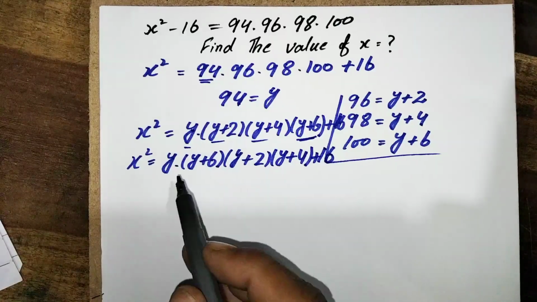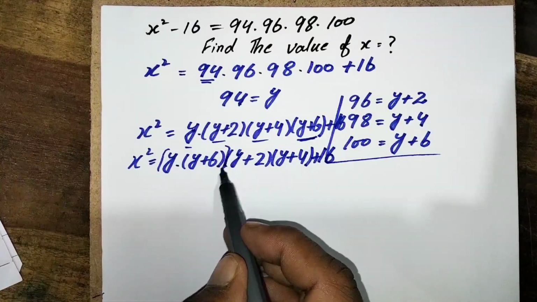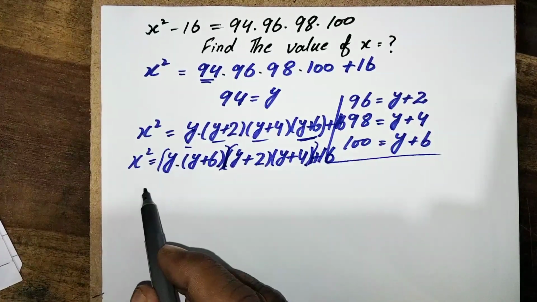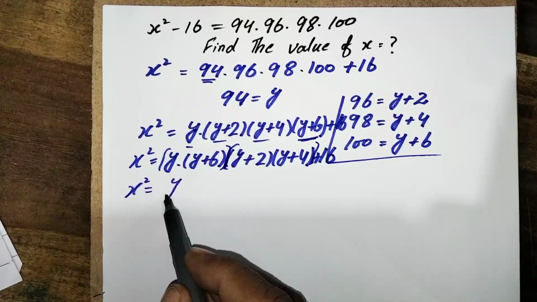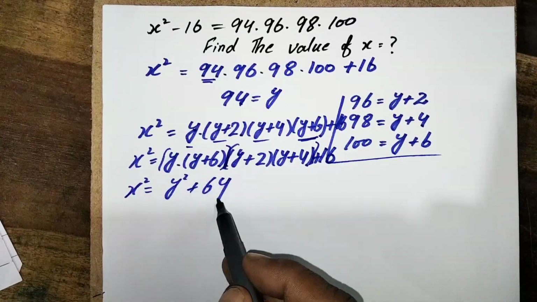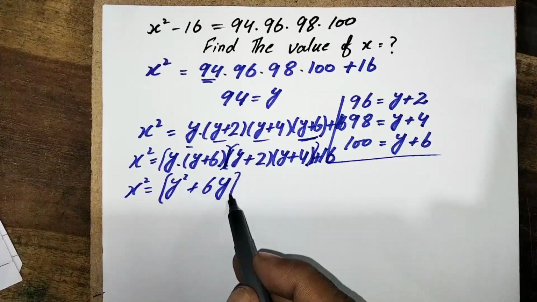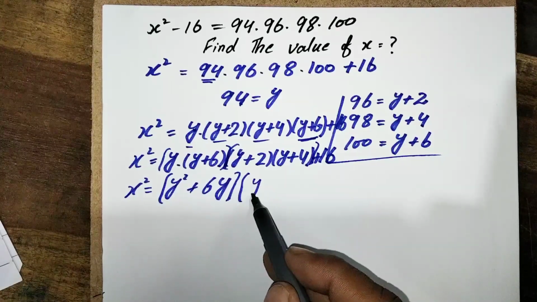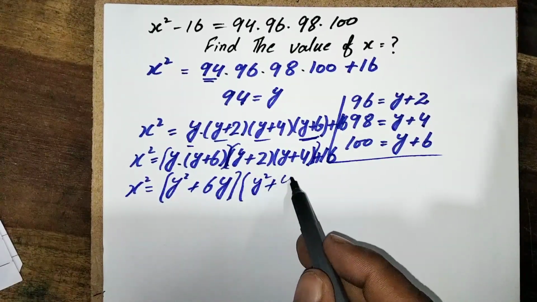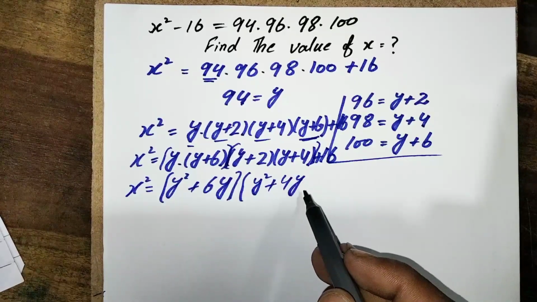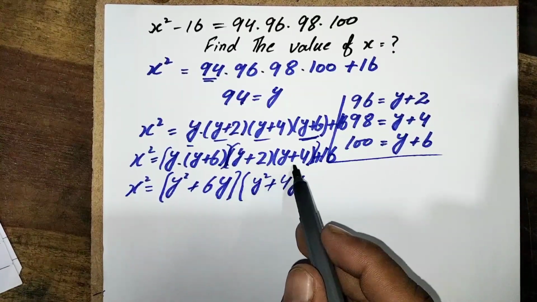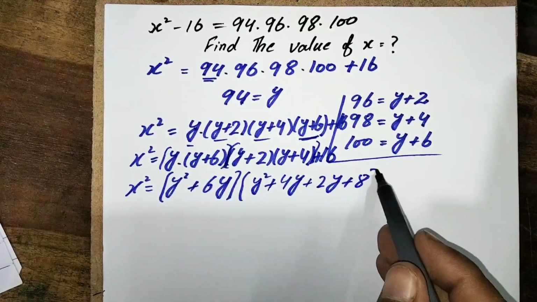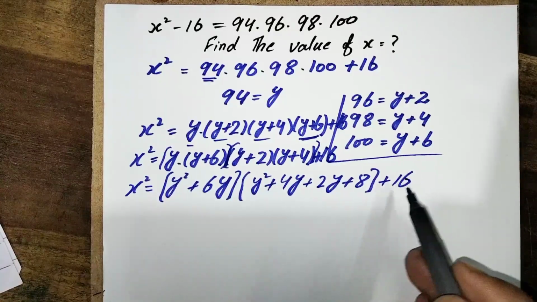Now students, we multiply these factors. This y times y plus 6 will become y square plus 6y, and this y multiplied by both of these becomes y square plus 4y, and when we multiply by 2, it becomes 2y plus 8, positive 16.